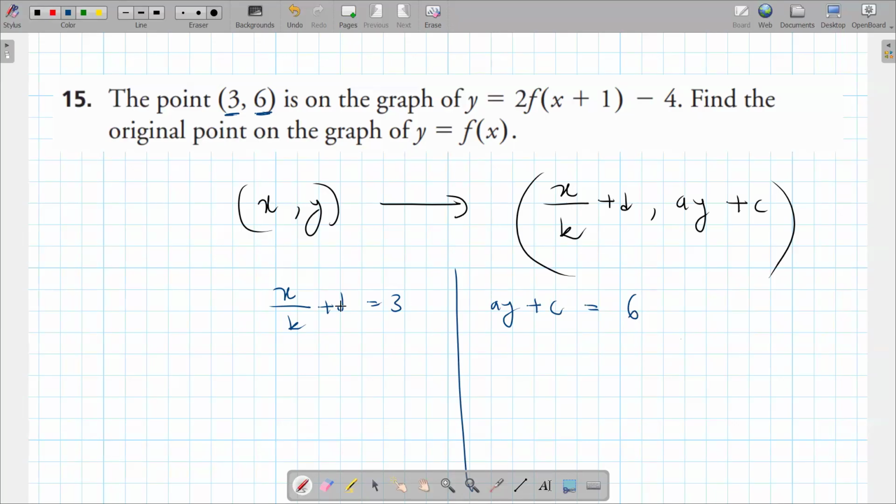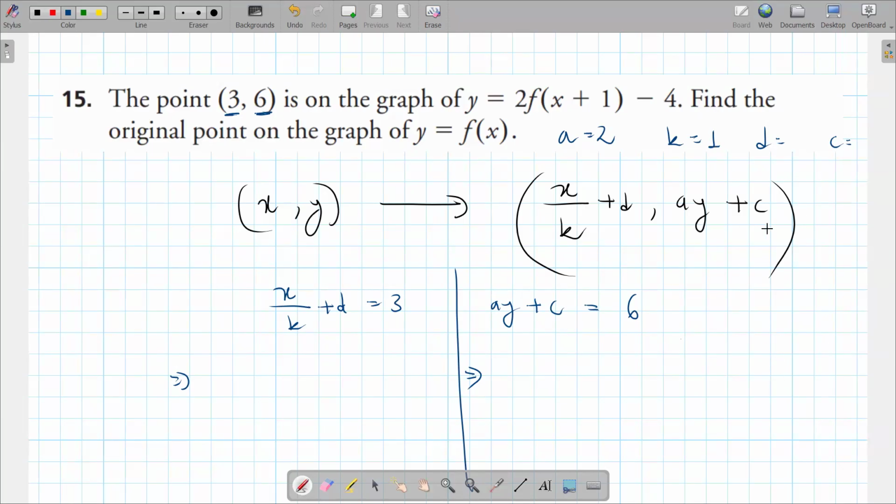Now what do we do? What do you think we do? We need to solve for x and y. And again, it's easier than it looks. We know what a is. A is 2. What's k? 1.